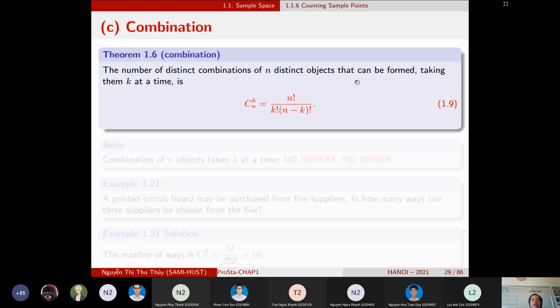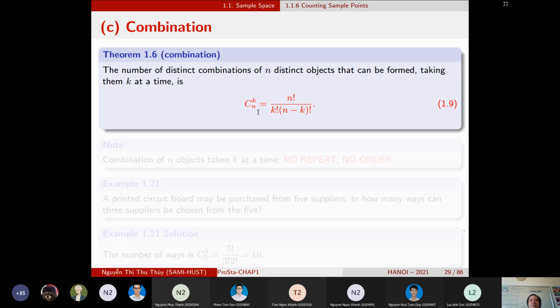Okay, but for each k objects, we have already chosen the permutation, the k permutation among them. So if we don't care about the order, we need to divide by k factorial.